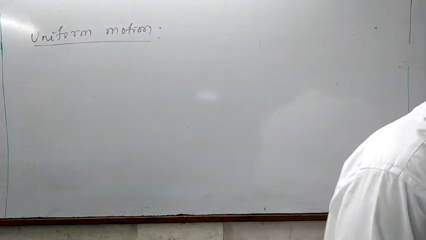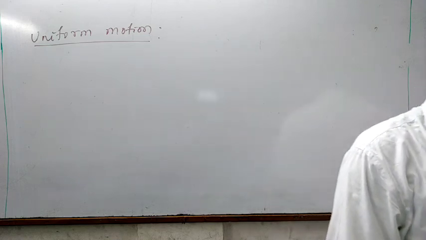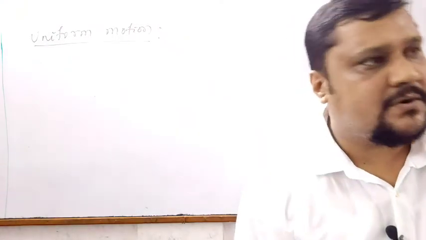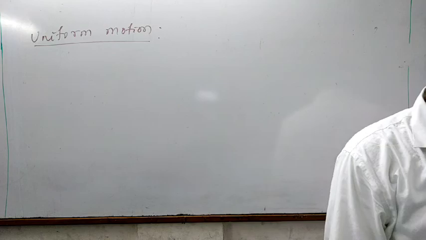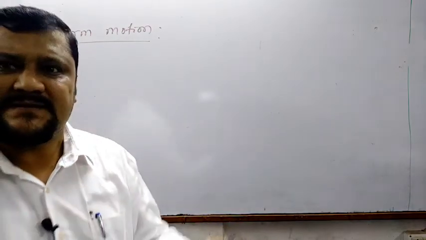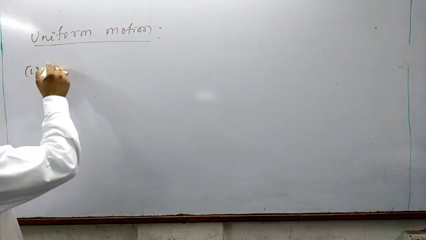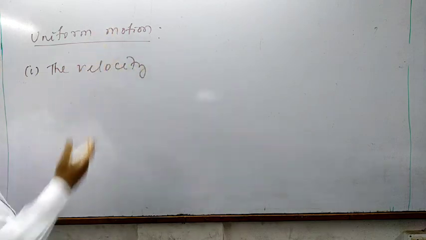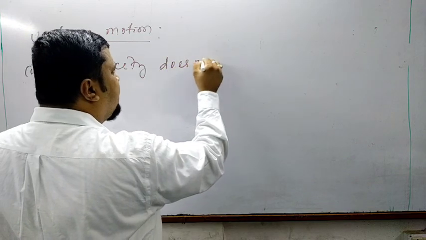Okay. Then when the body is in uniform motion, what happens? What are some of the important features of uniform motion? The velocity in uniform motion does not depend on the choice of origin. The body is in uniform motion means the velocity is also uniform.